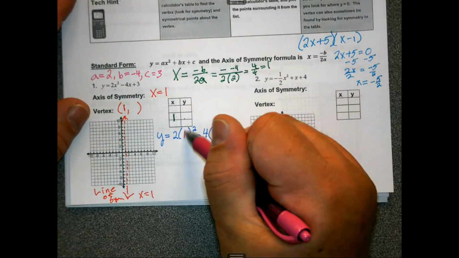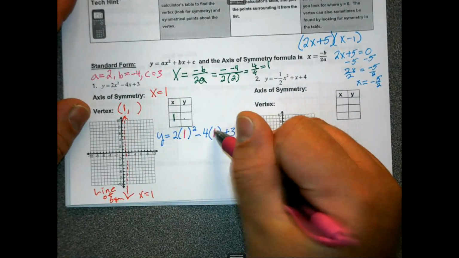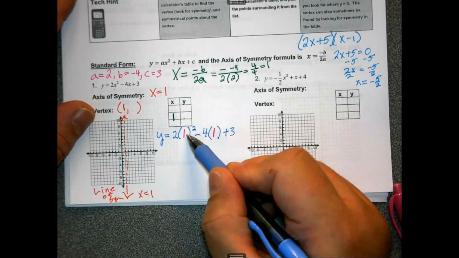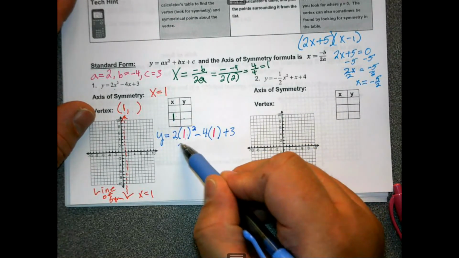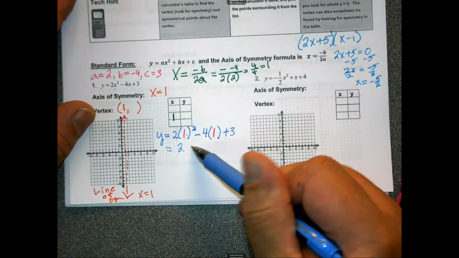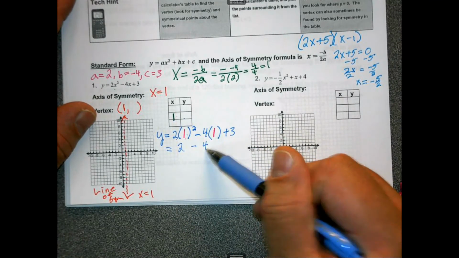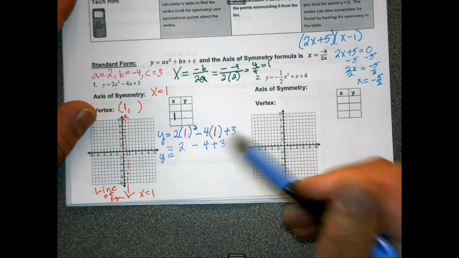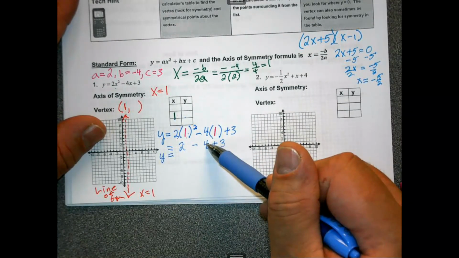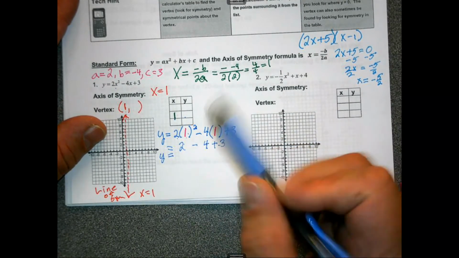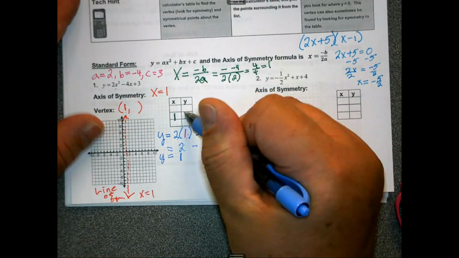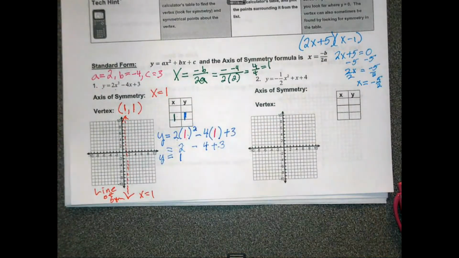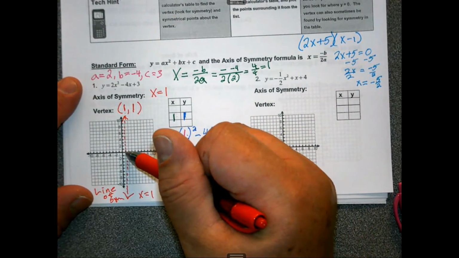X is 1. 1 squared is 1. 1 times 2 is 2. Minus 4 times 1 is 4. Plus 3. So my y coordinate for the vertex is 2 minus 4 is -2. Plus 3 is +1. So my y coordinate is +1. Vertex is at 1, comma 1.